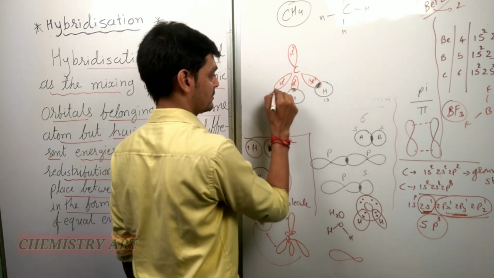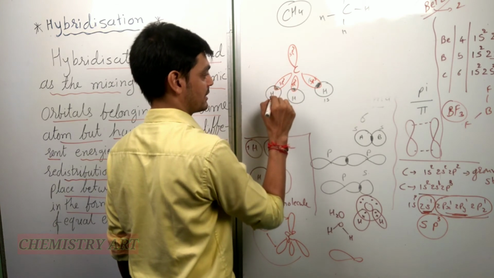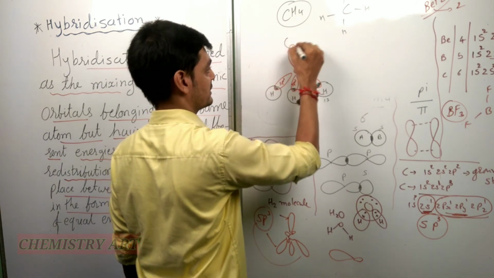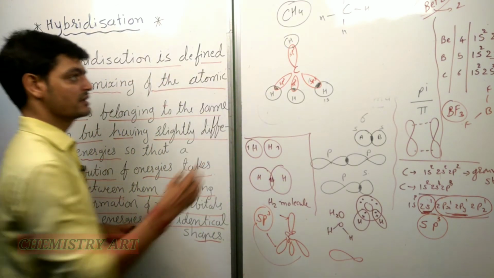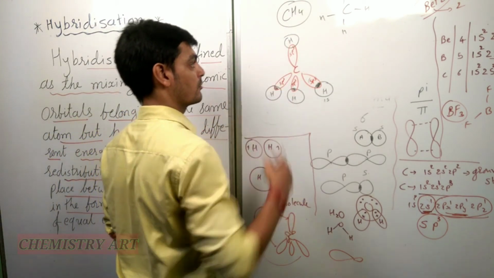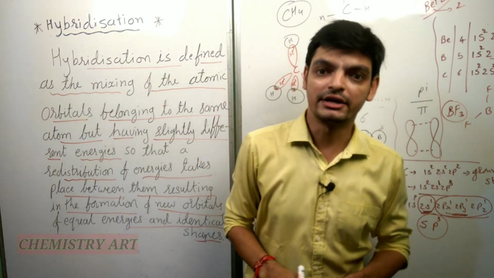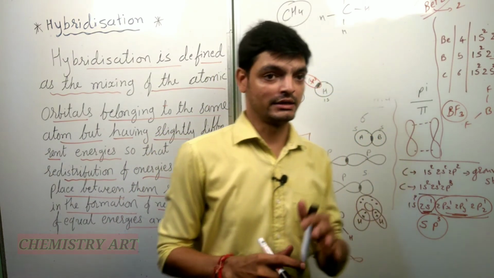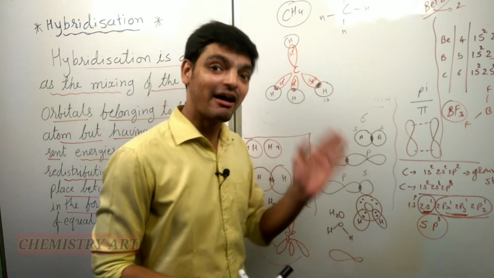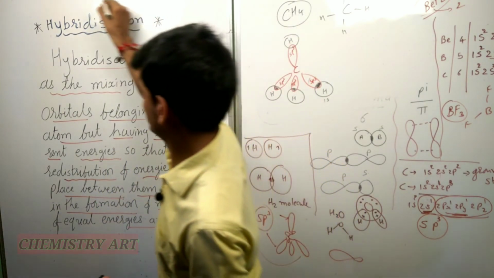All the hydrogens have a 1s orbital, and this is how the carbon is forming the 4 bonds with 4 different hydrogens. And this bond formation is happening after hybridization.